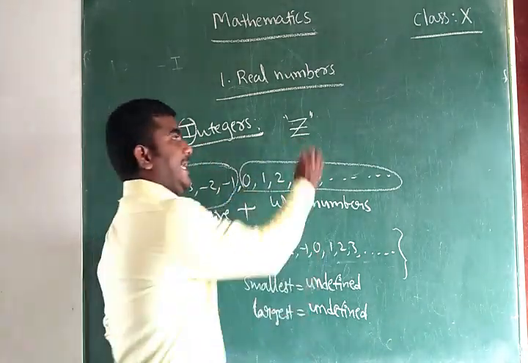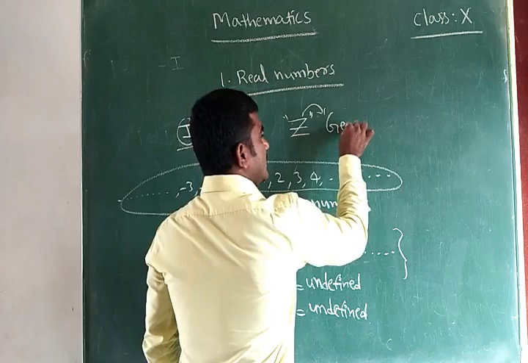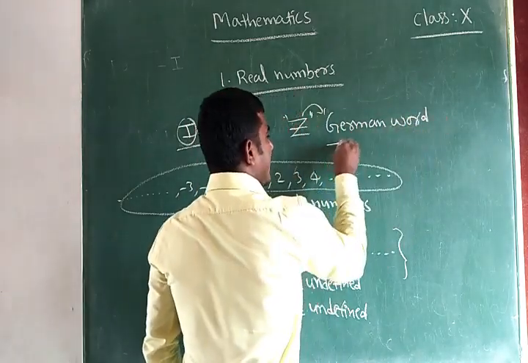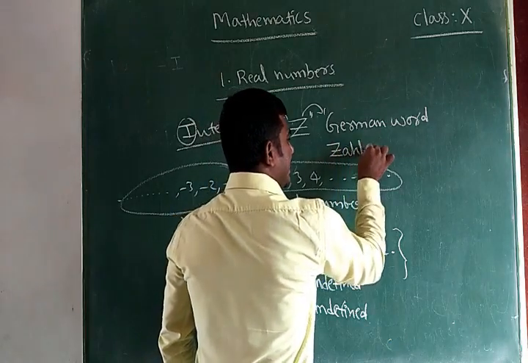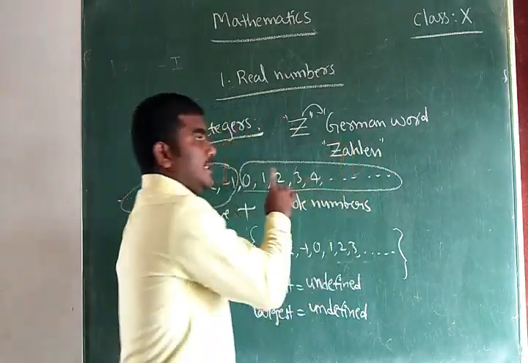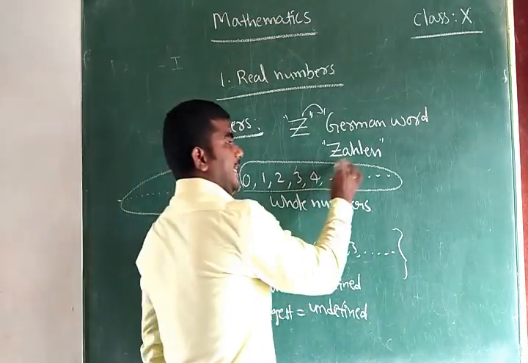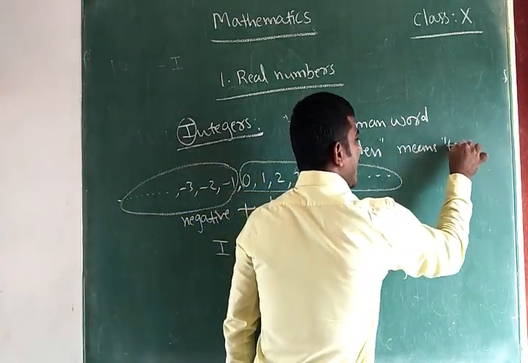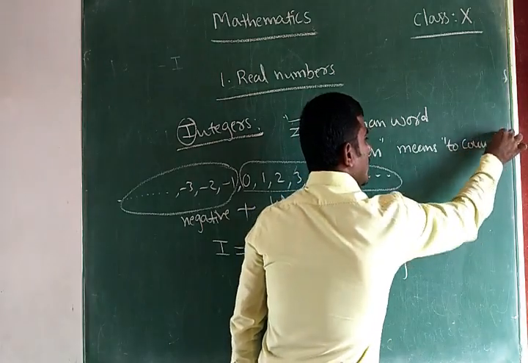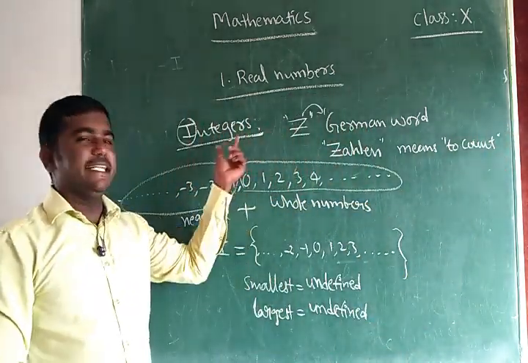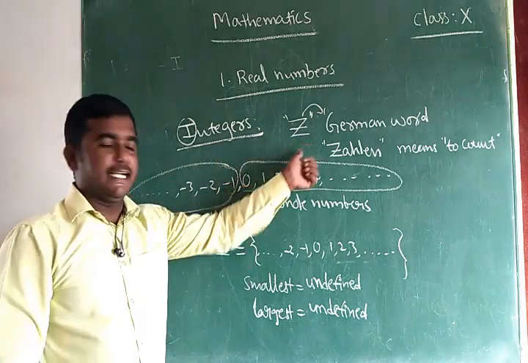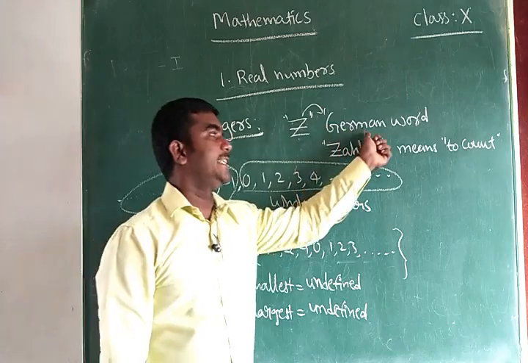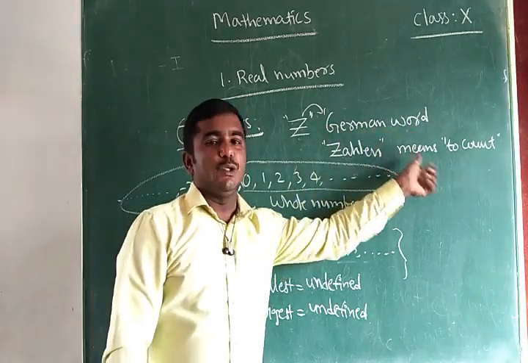The Z is taken from the German word Zahlen, which means to count. In the German language, Zahlen means to count. So integers are denoted by I and also Z.